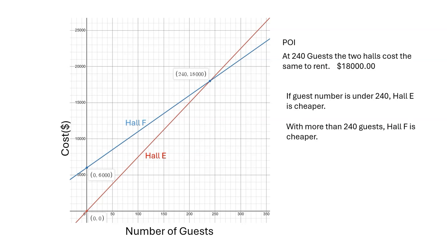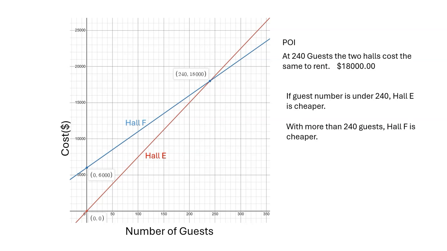Again, looking at the y-axis, we can see that Hall E does not charge any upfront cost for renting the hall, but it does charge more per guest.